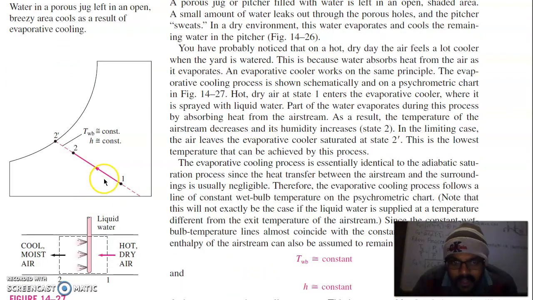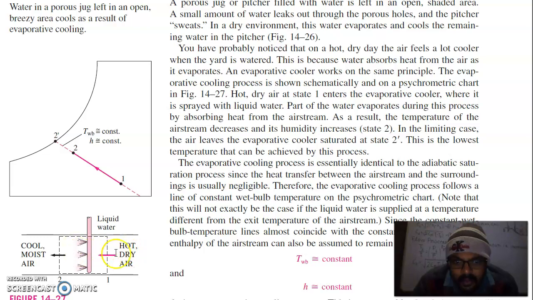You can see in this diagram, hot dry air will enter at one state. This is liquid water spread in the air. When it passes through the air, it will carry some amount of liquid water, and the liquid water will take heat from this hot air. It will evaporate.